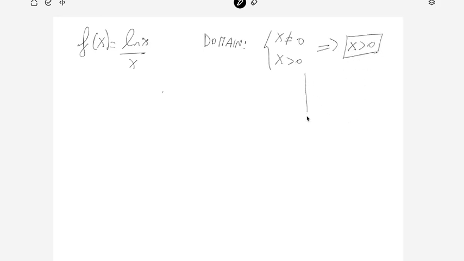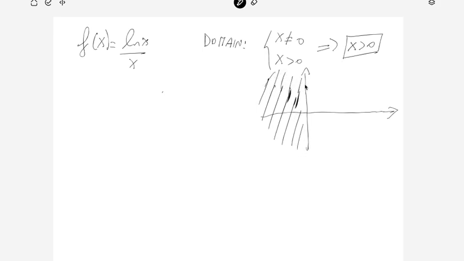It is useful to draw immediately in the right side of your page the Cartesian plane and put the information of the function step by step. So we obtain here a first information. The domain is x greater than 0, so we can erase this part. Okay, perfect.